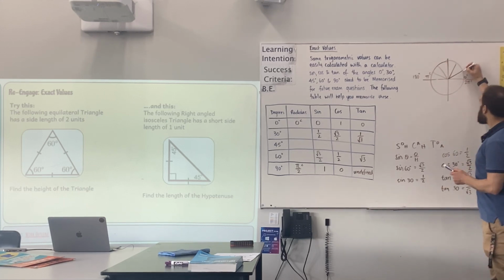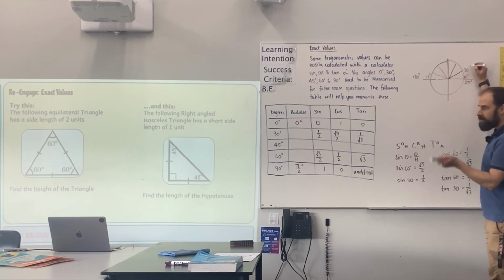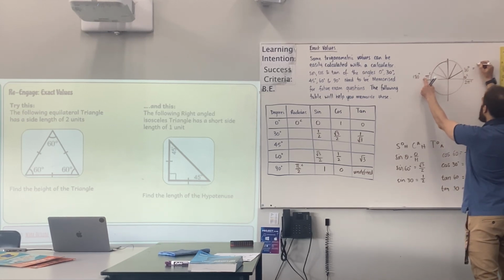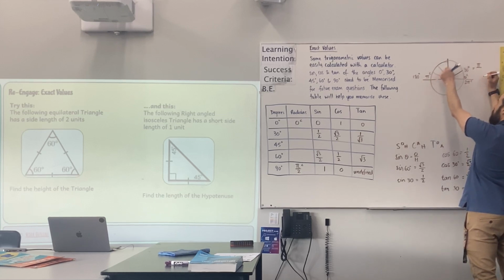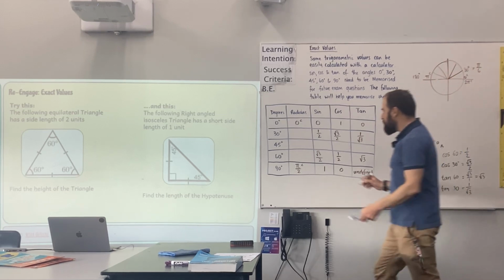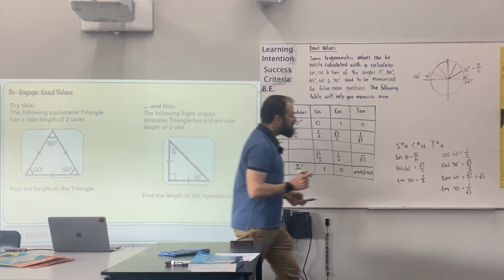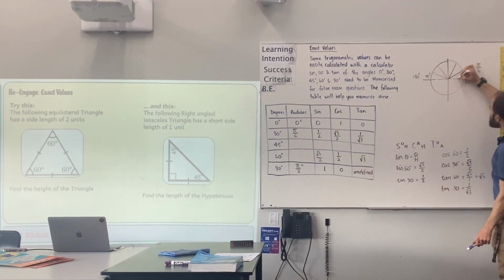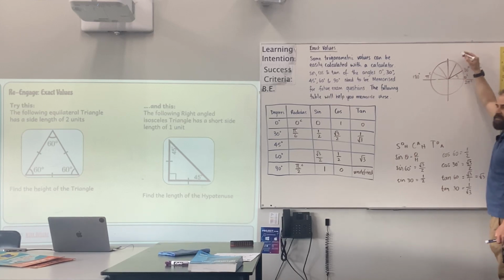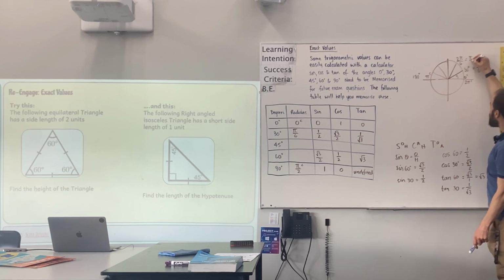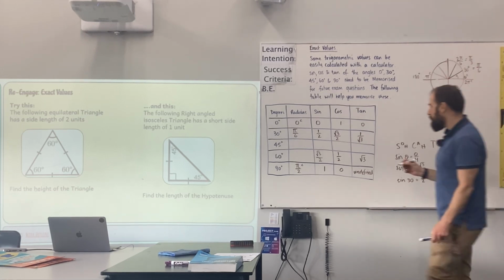So 6 equal parts. This would be 30 degrees, wouldn't it? Or it would be pi divided into 1, 2, 3, 4, 5, 6. 30 degrees is pi divided by 6. 60 degrees would be 2 lots of that, so 2 lots of pi divided by 6, which is pi divided by 3.